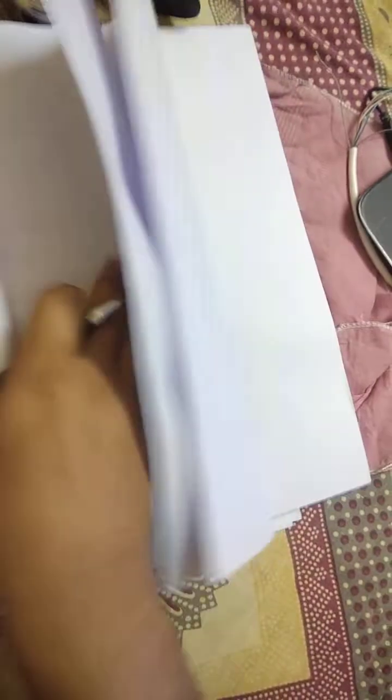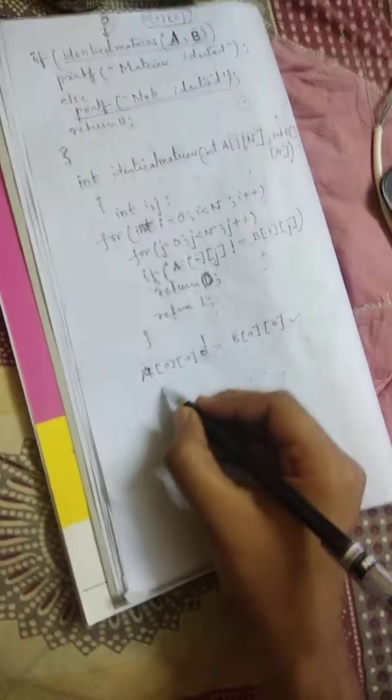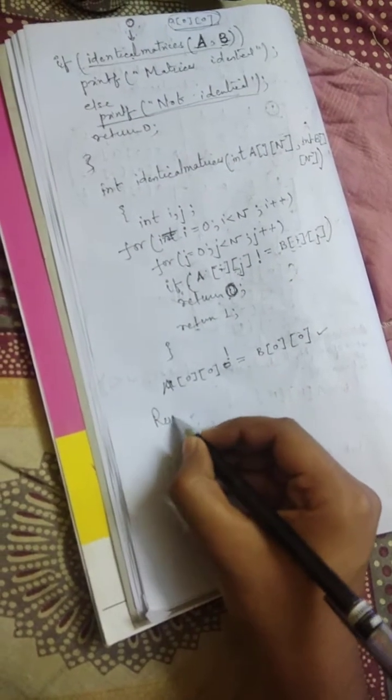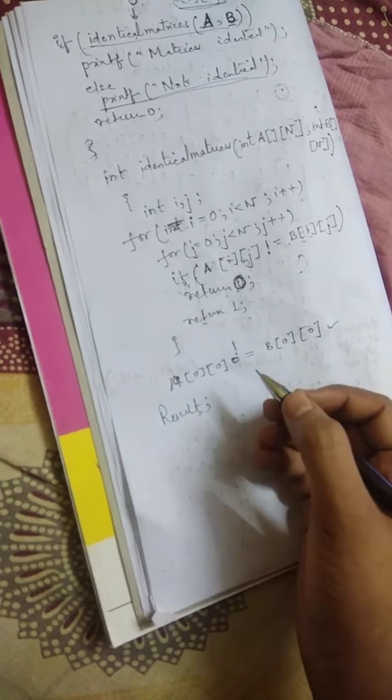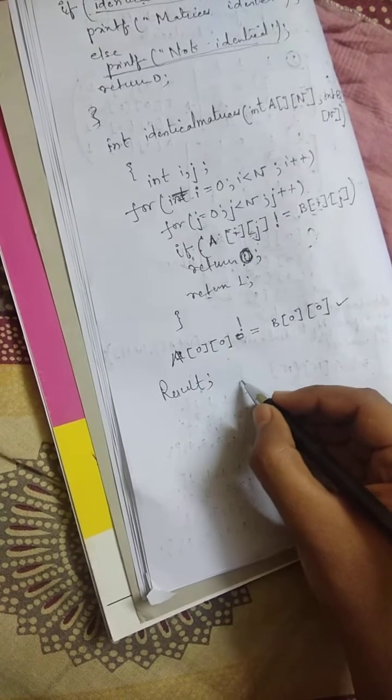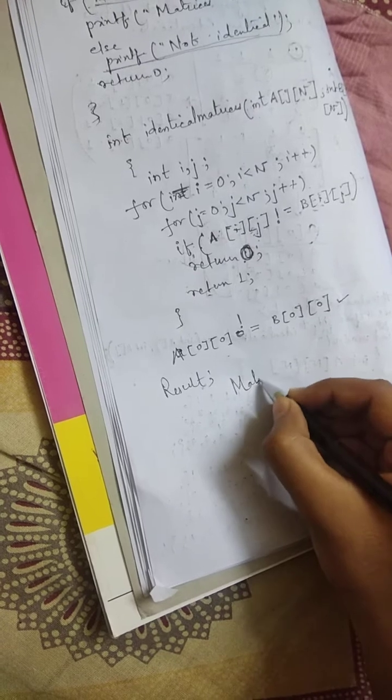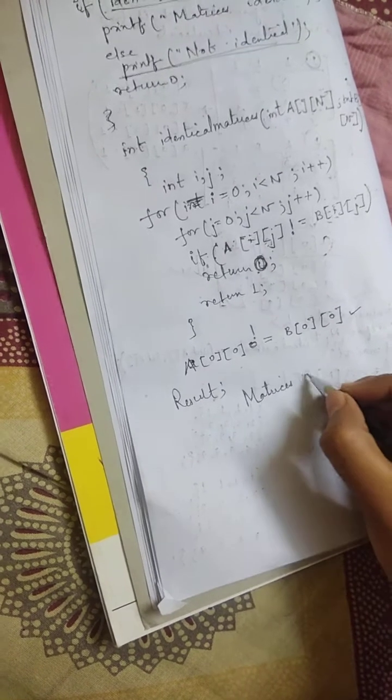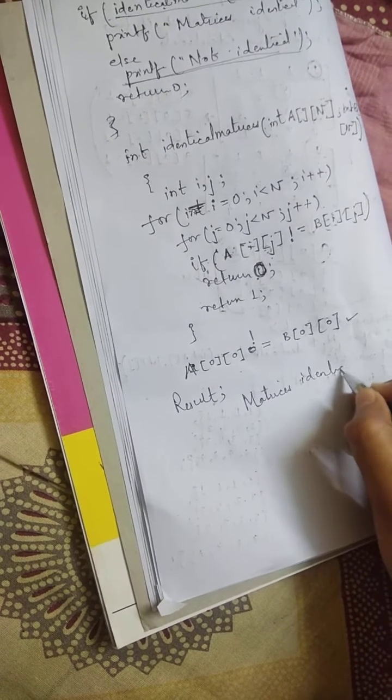After that, running this program will give you the result: if the values are identical, it will print matrices identical. Okay, so this is the first video.